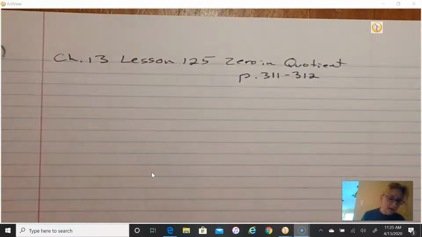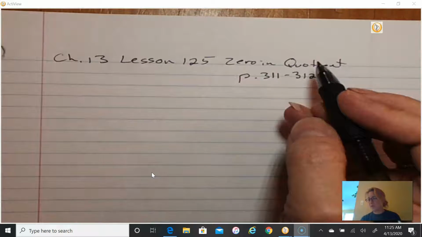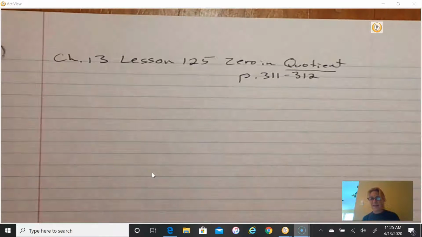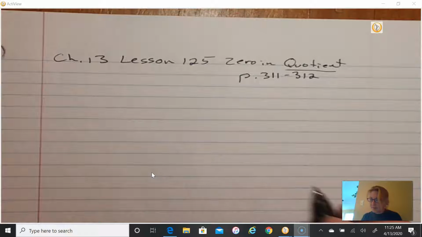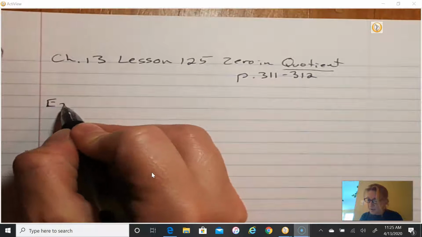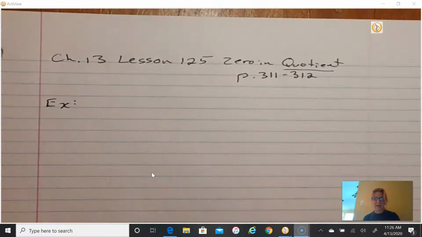All right, we're still dividing, so nothing's really changed there. But this time, 0 in the quotient. Remember, quotient is the answer to a division problem. So that means we're going to have zeros in the answers today, okay? So let's just jump in and get started, do some examples, so then you can get started.